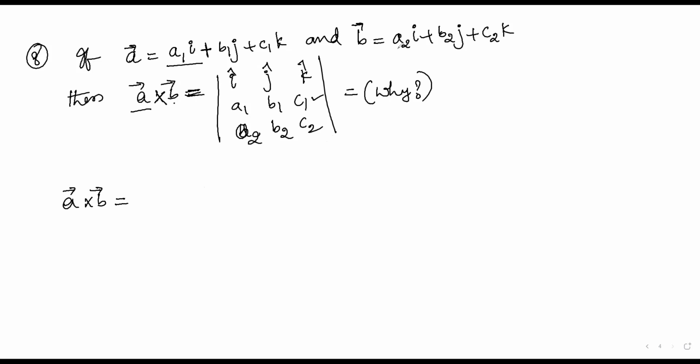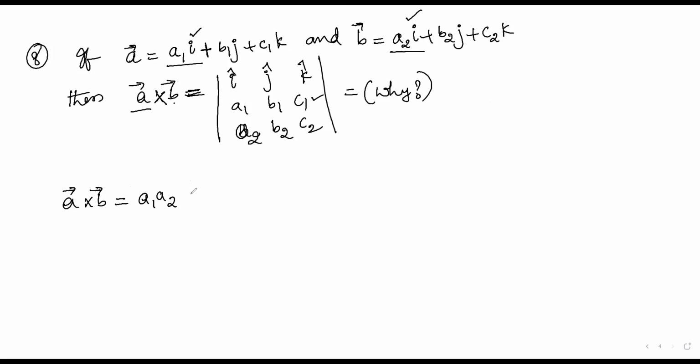So A1, A2, understand? Now I am doing A1, A2. First of all, I cross I is how much? Directly we can do it, like the dot product we did. I cross I is 0.